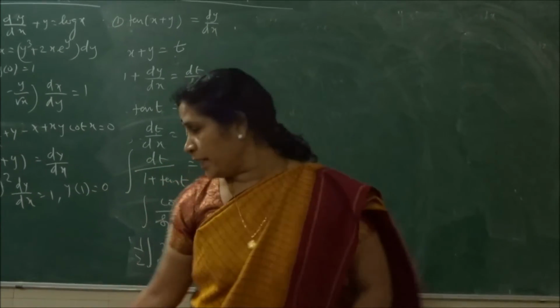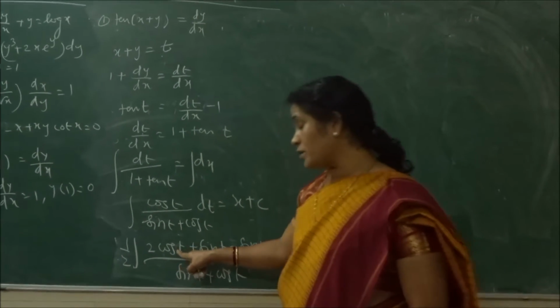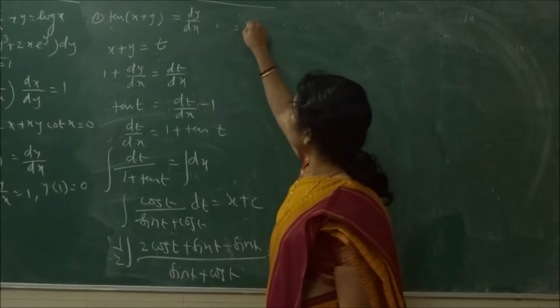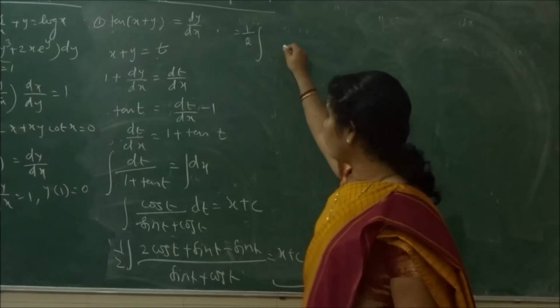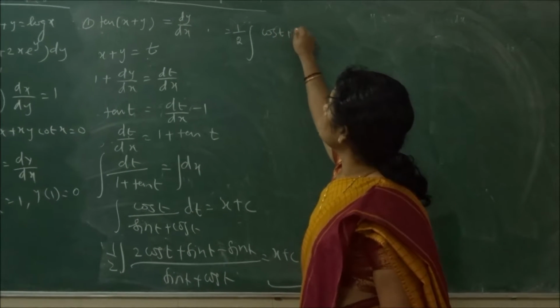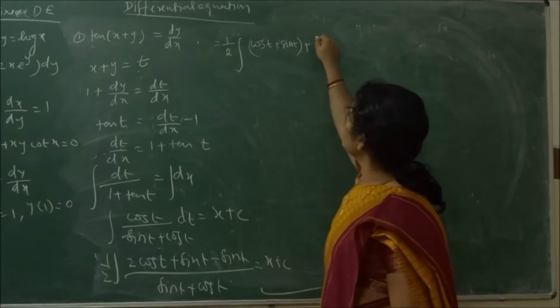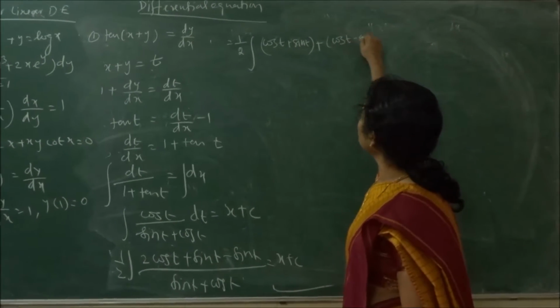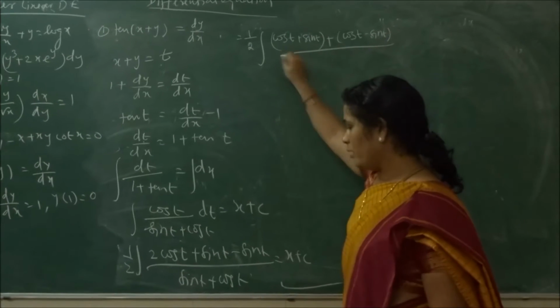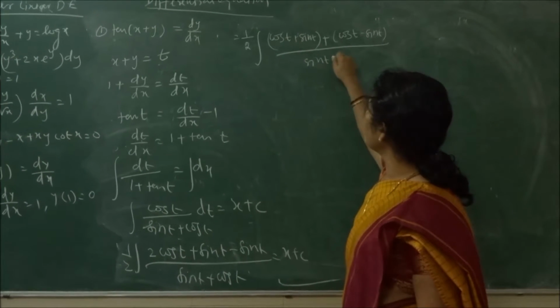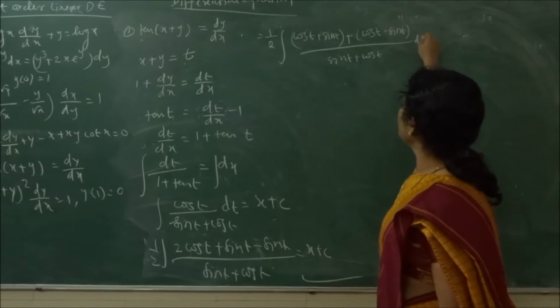Confidently do the integration. This 2 cos t, I can split it as cos t + cos t, so that is equal to 1/2. The final answer: I have (cos t + sin t) as one term, plus another one (cos t - sin t), the whole upon sin t + cos t, dt. Clear?